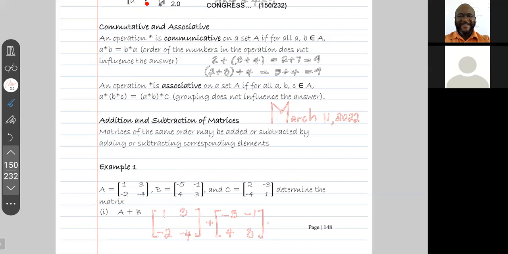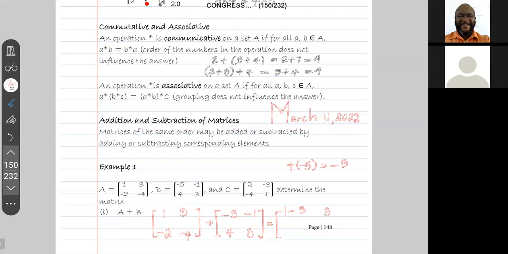So when we're adding, we add corresponding elements, the elements which are in the same position. So this is 1 plus minus 5. But plus minus 5 is the same as saying minus 5. A positive times a negative is a negative. So this is 1 minus 5.